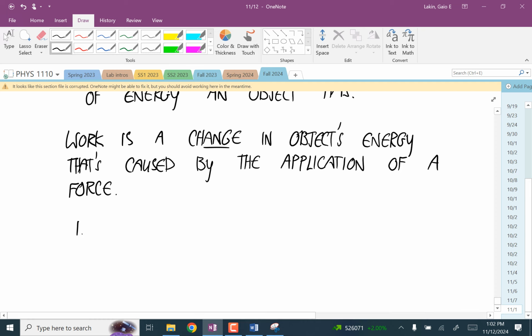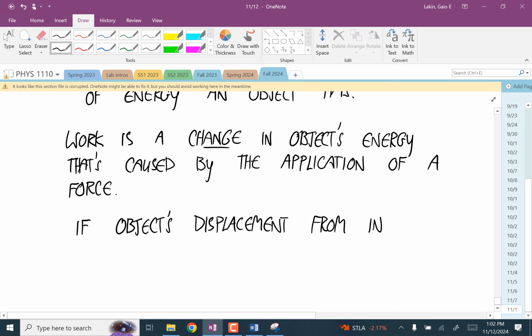So if an object's displacement from instant 1 to instant 2 is the vector d.